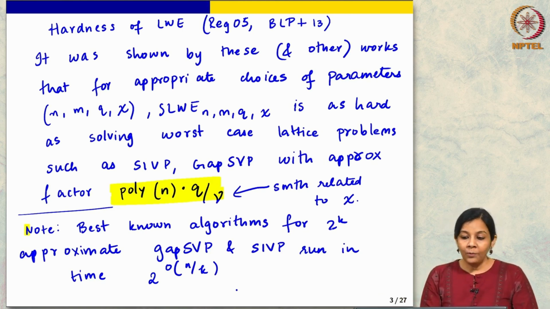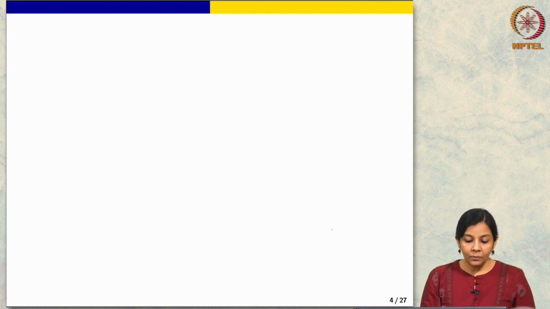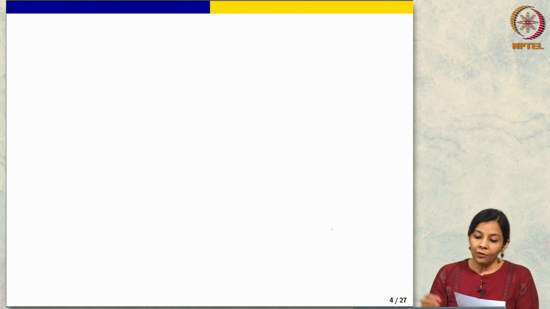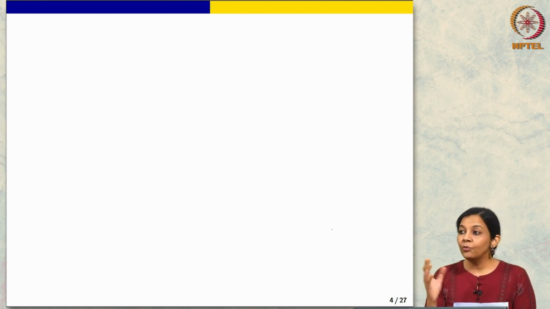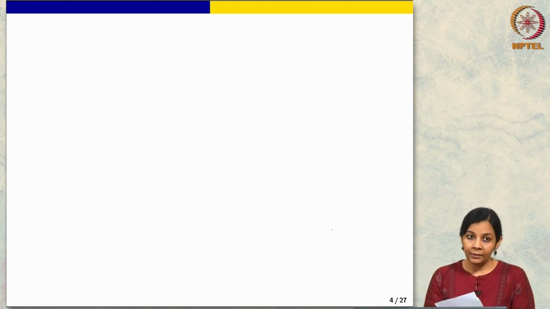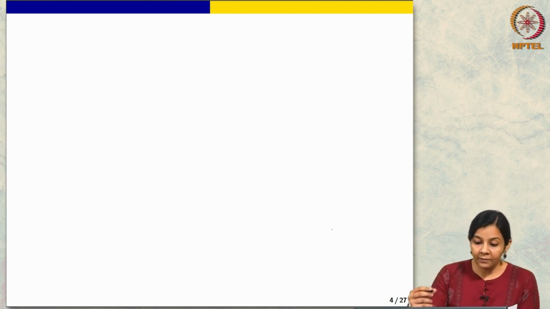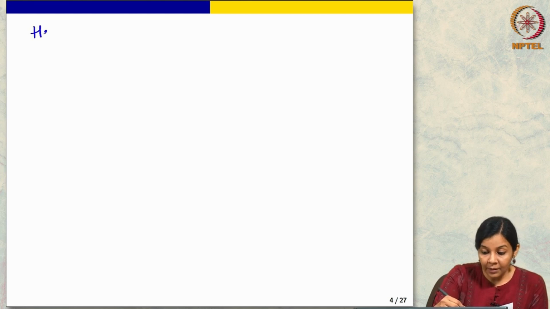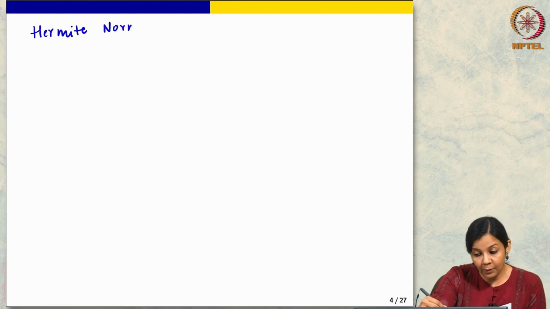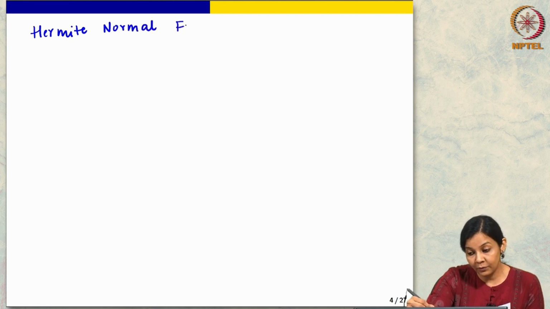Okay, so one more really handy thing about learning with errors is that there's a lot of flexibility in how you choose the distributions from which the secret and the error is sampled. Okay, so there's a particular form of LWE called the Hermite normal form, which I will quickly define, and that is what we will use.